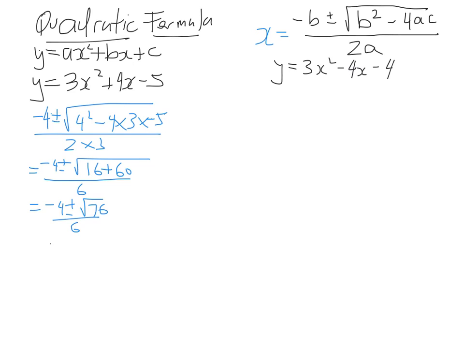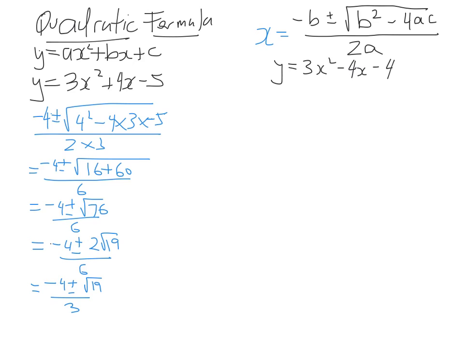And now from there we go off and we simplify it, and we'll find that we end up with negative 4 plus or minus, 76 simplified becomes 2 root 19, over 6. We divide everything by 2, so it's negative 4 plus or minus the square root of 19 over 3.